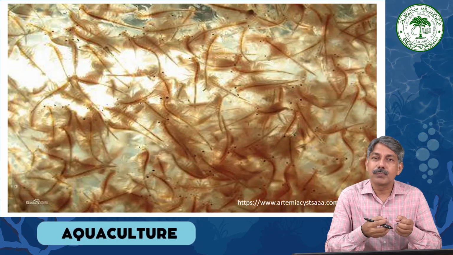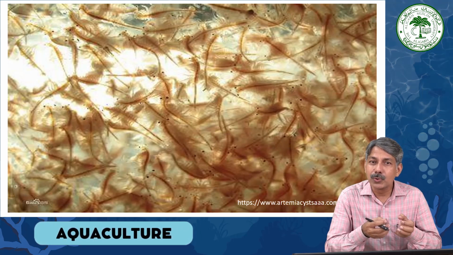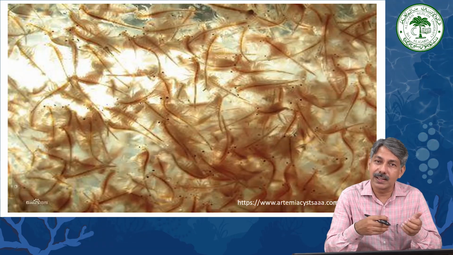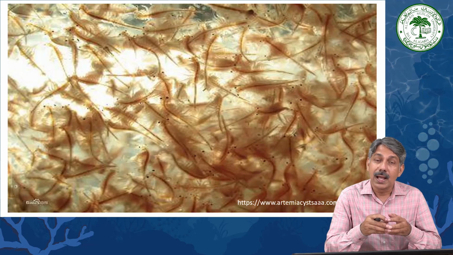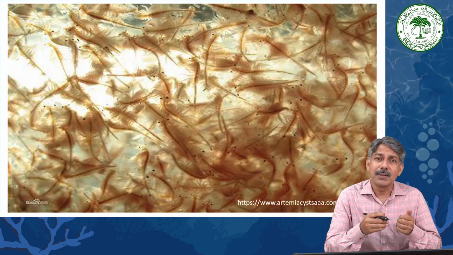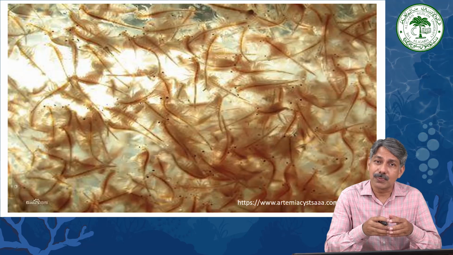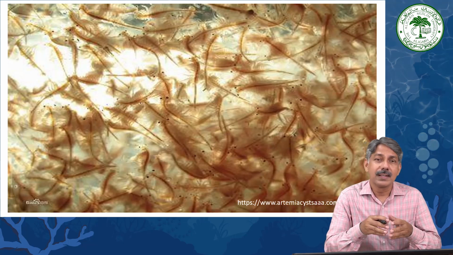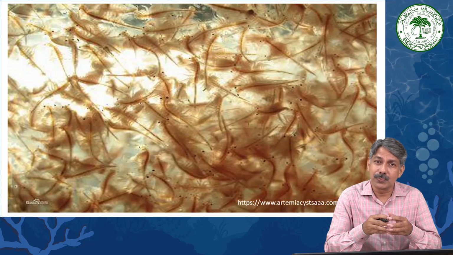You can use organic manures and inorganic fertilizers in order to increase the phytoplankton productivity, and then zooplankton. And if you wish to introduce some kind of live food, then maybe you can culture the live food from some other source and introduce it in your pond, and they may populate in order to feed your fishes.